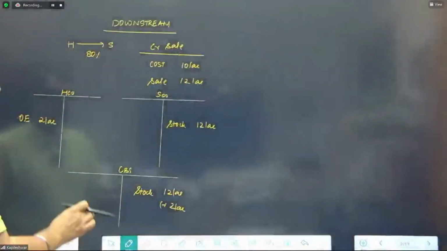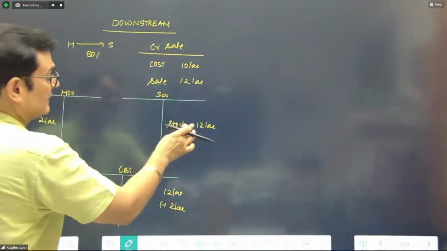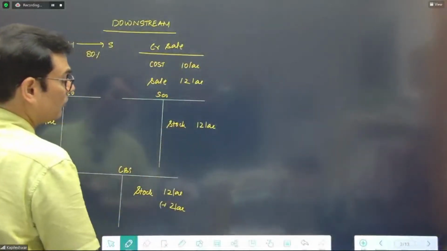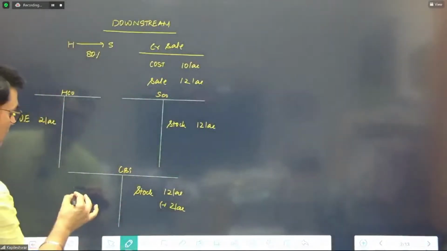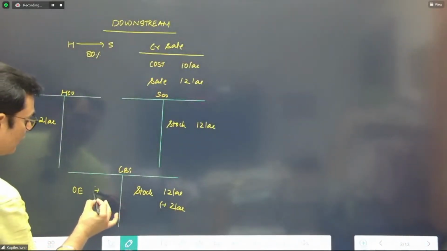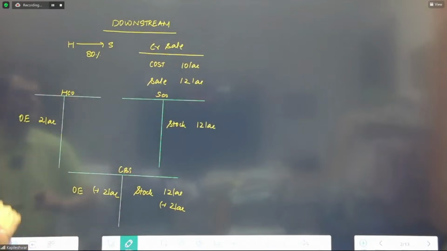You cannot make a profit out of your own group company. So from the consolidated point of view, the profit of 2 lakh rupees is unrealized in nature, called a stock reserve. So you eliminate that 2 lakh from the stock, and correspondingly the other equity, which includes 2 lakh, should also be eliminated. It is as simple as that.